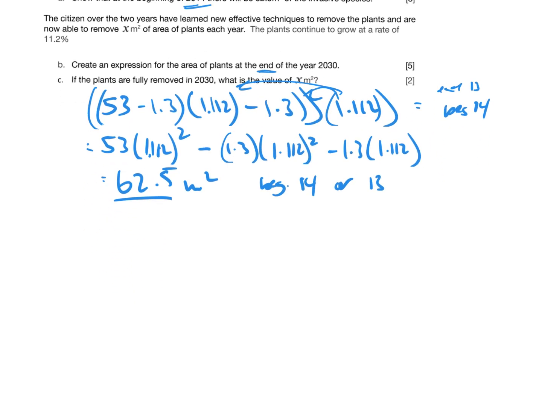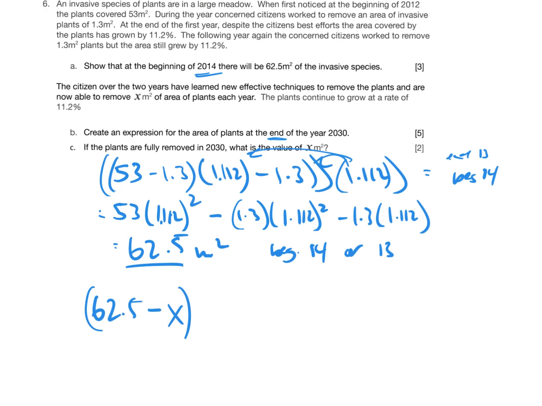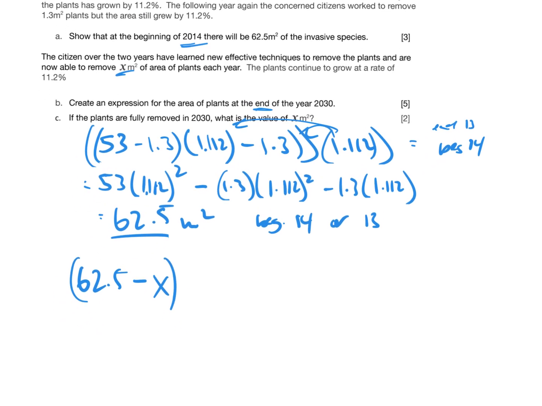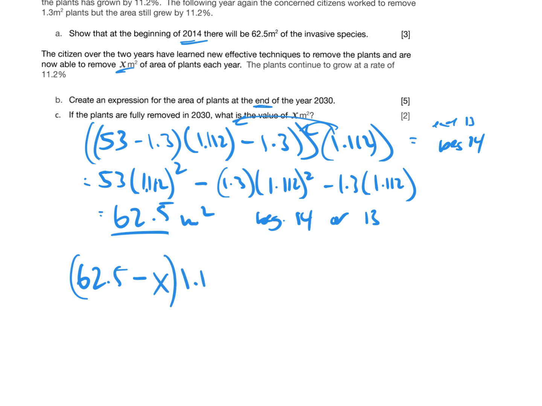So at the beginning of 2014, we have 62.5 of the invasive species. And I subtract x meters squared, because that's what it says. I'm going to subtract x meters squared, but it still grows by the 11.2%.